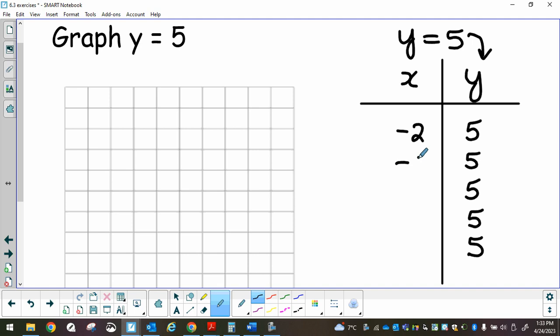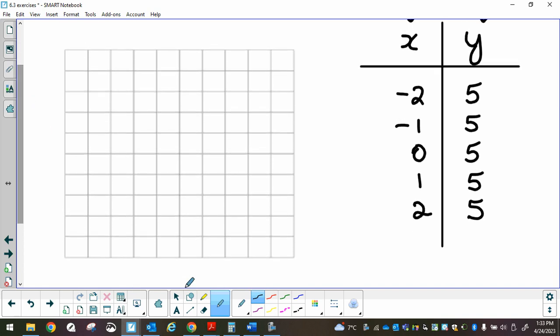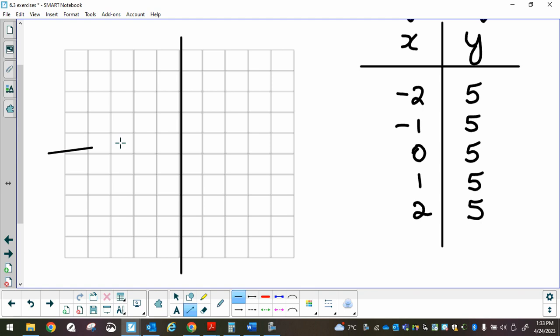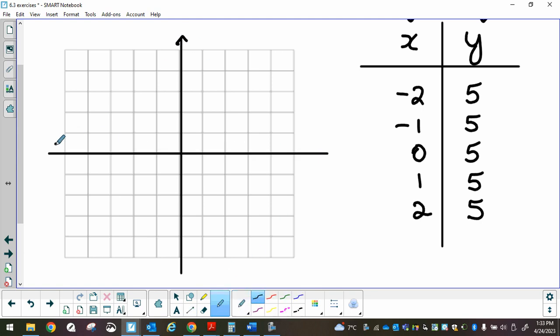You might want to do the typical 5 numbers we like to pick, and then we graph them. Okay, so quick Cartesian plane. Label it. You can pause the video if you need some time.